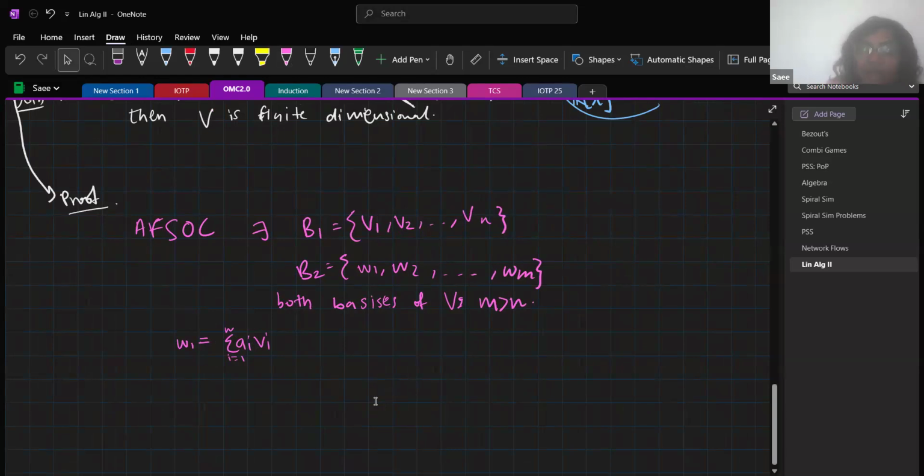So the idea is to somehow change the bases in some way to get some sort of a contradiction, maybe make them smaller in some way, something along those lines. That is what we will be trying to do.